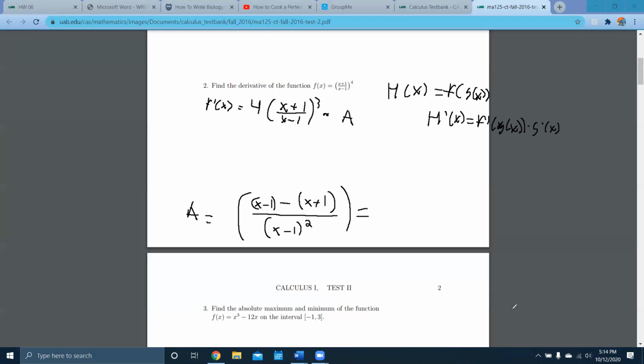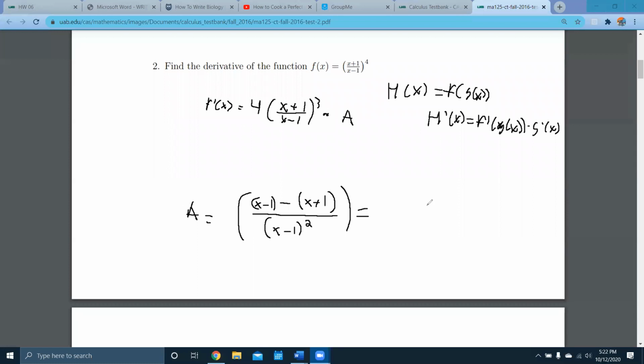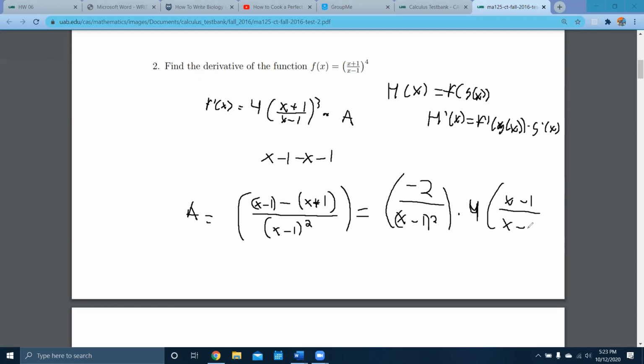One second, Miranda. All right. So now that you've done that, this right here is the same as x minus 1 minus x plus 1. Sorry, plus. So this is negative 2 over x minus 1 squared. And all this is times 4, times x plus 1 over x minus 1 cubed.